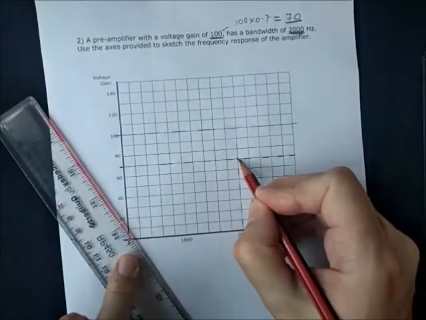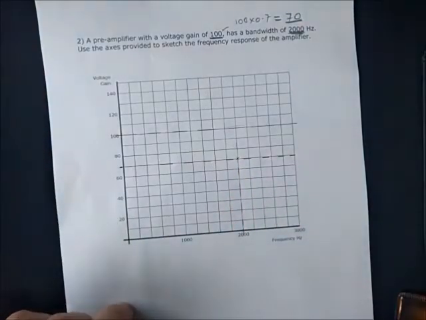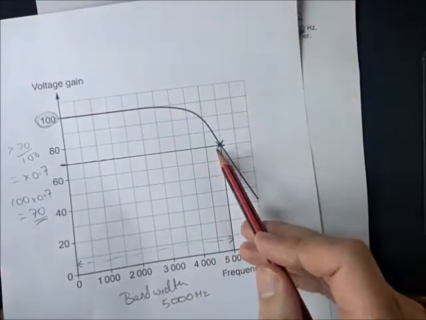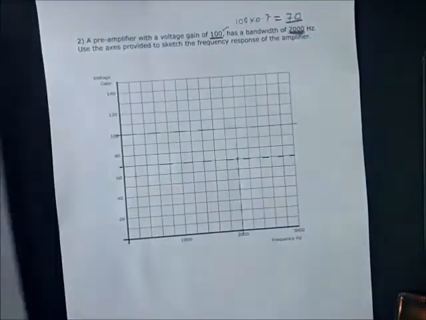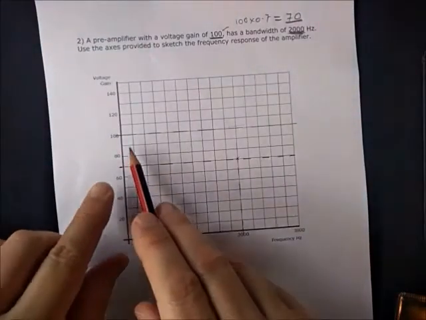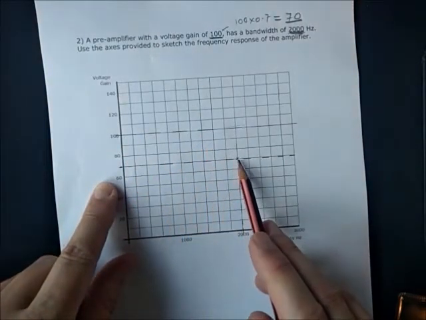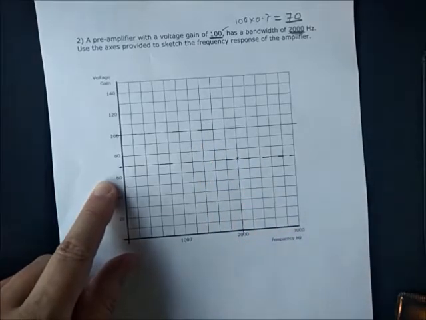So that means, looking back at my old graph from the previous question, the line's got to go through that point there. I know it must come along this line here because that's 100%. I know it's got to go through there, but I don't really know anything else.